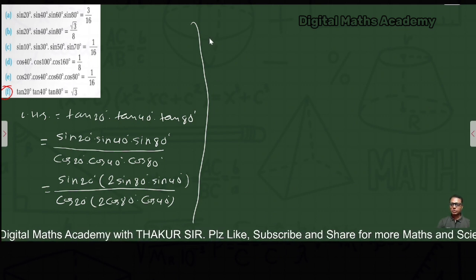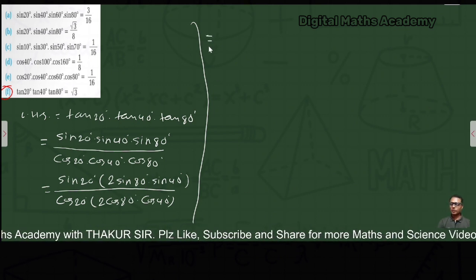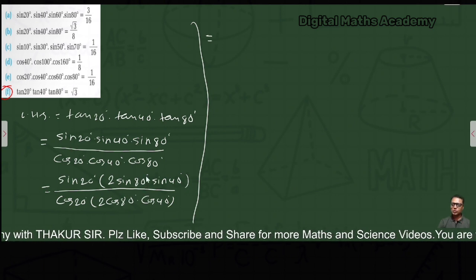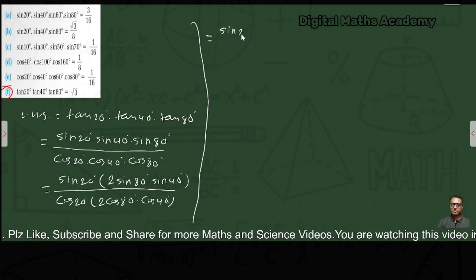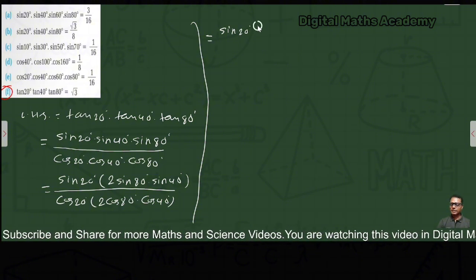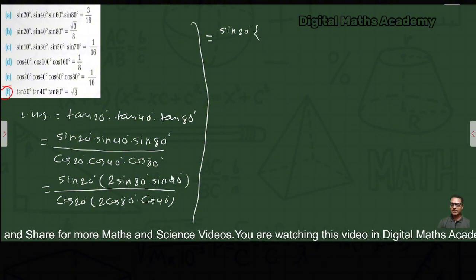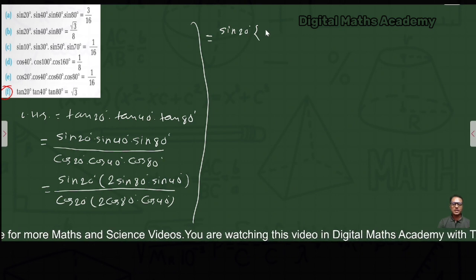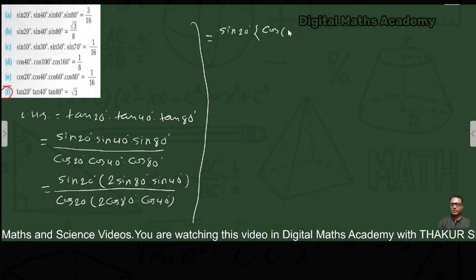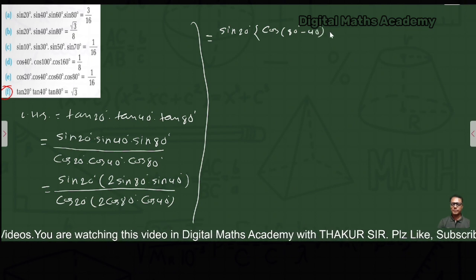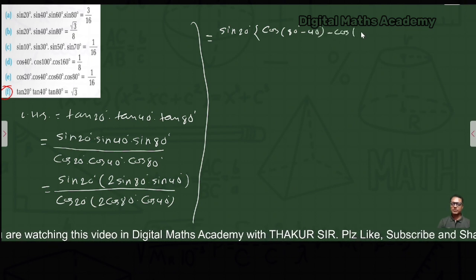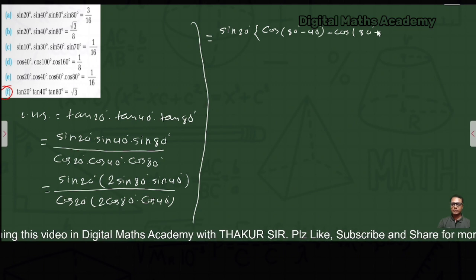Now we are going to apply the formula here, 2 sin A dot sin B and 2 cos A dot cos B. So we have here sine 20 degree, and inside the bracket here we have 2 sin A dot sin B. So 2 sin A dot sin B equals cos (A minus B), that is 80 minus 40, minus cos (A plus B), 80 plus 40.